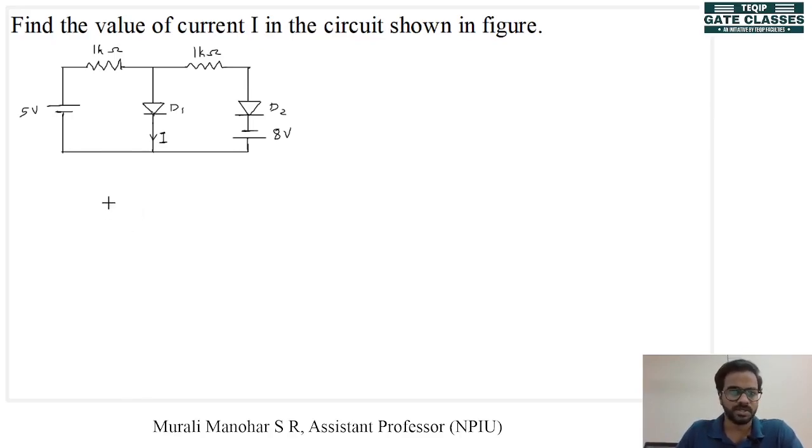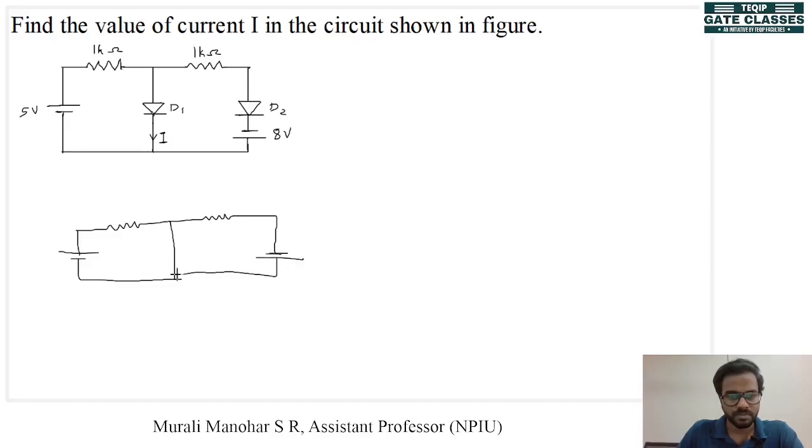Let's go for the short circuit test. So let's redraw this figure. Okay, this is our circuit.